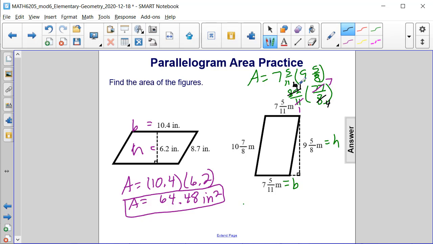So now we have 41 times 7, which will give us 287. And then 1 times 4 is 4 square meters. And now let's convert this into a mixed number. So our final answer for the area is 71 and 3/4 square meters.